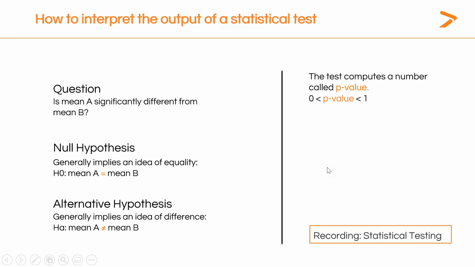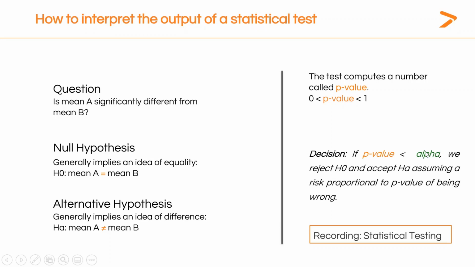Usually we compare the p-value to a risk threshold, which we call alpha, and we reject the null hypothesis if the p-value is lower than alpha. And alpha should be chosen by the user, by yourself, according to how conservative you want to be in taking a decision or not. The more you lower alpha, the more conservative you will be in taking your decision.